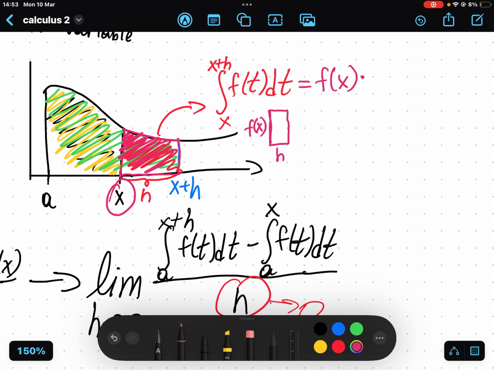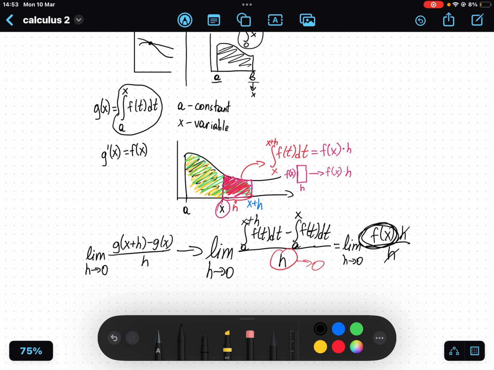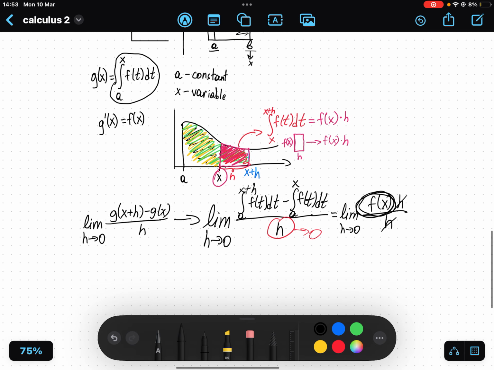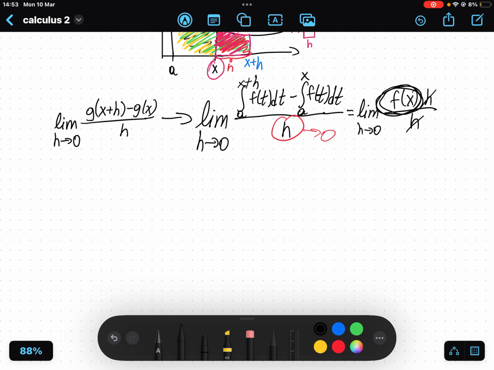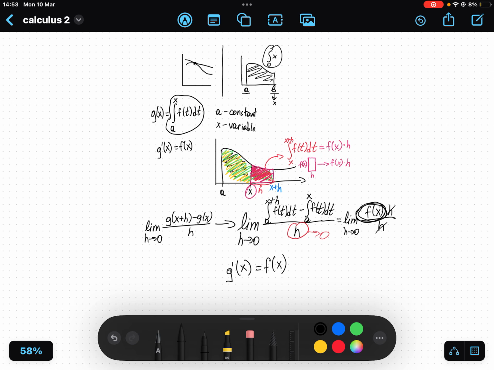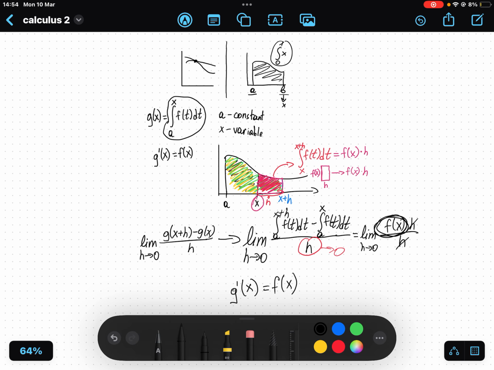So this is the actual proof of it. This is how it works. So basically, we just proved that g prime of x is just equal to the original function f of x. And this is the whole proof that integrals and derivatives are actually linked. Thank you.